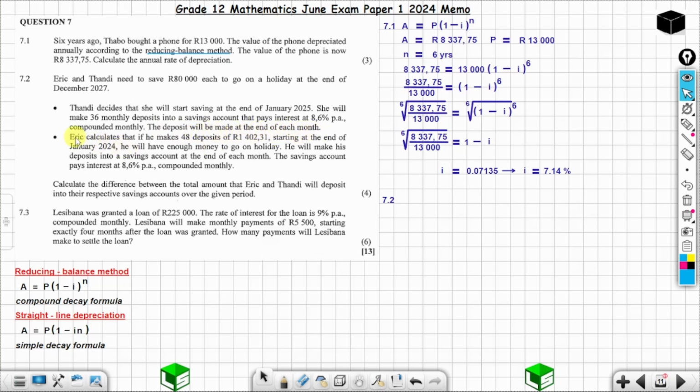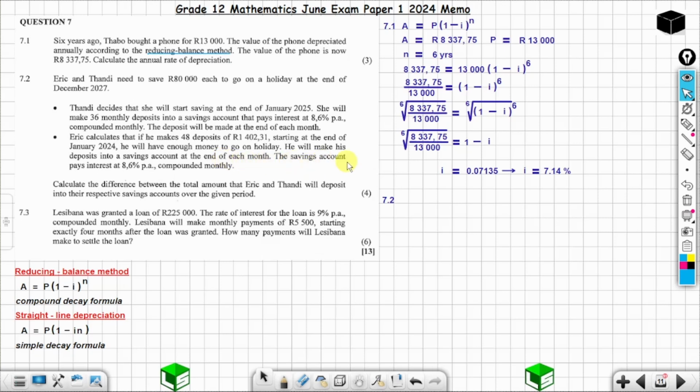Now, Eric calculates that if he makes 48 deposits of 1,402.31 starting at the end of January 2024, he will have enough money to go on holiday. He will make his deposit into a savings account at the end of each month.